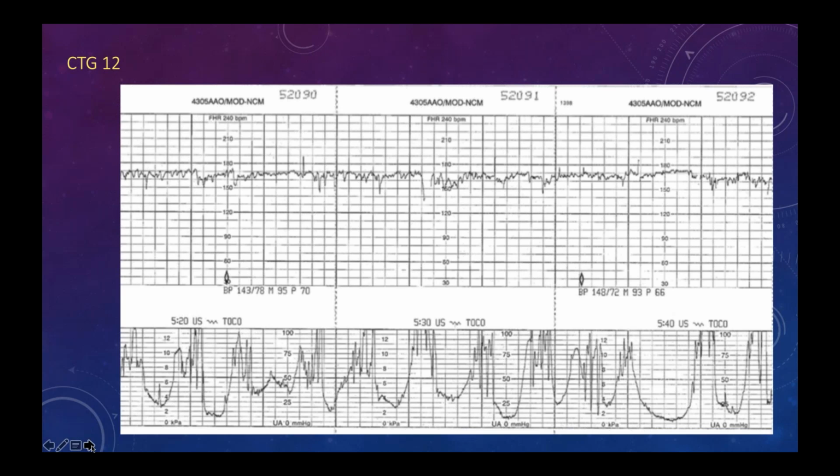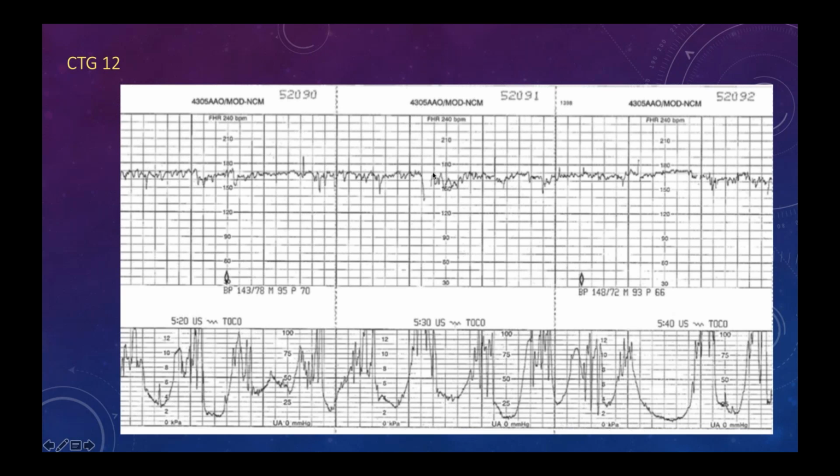Then the baseline heart rate is 165, which is a non-reassuring feature.